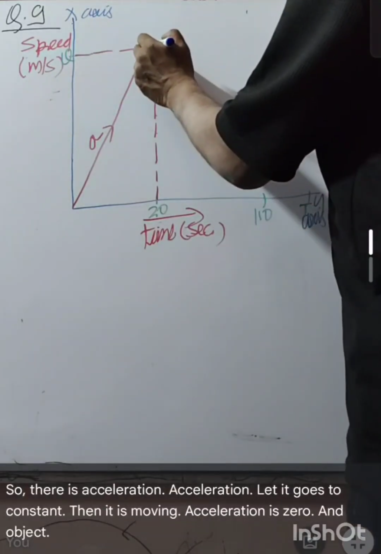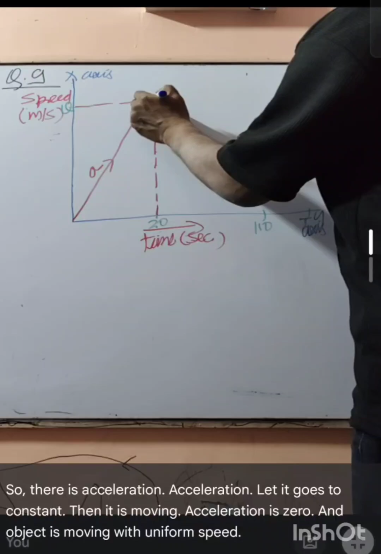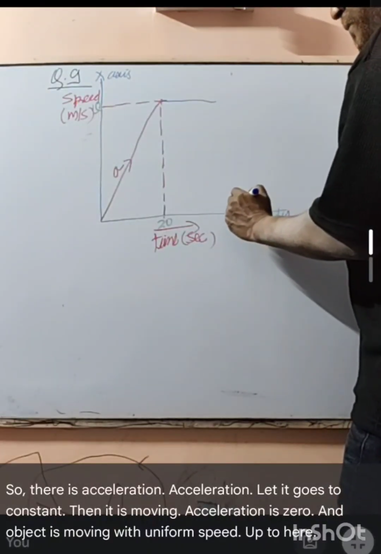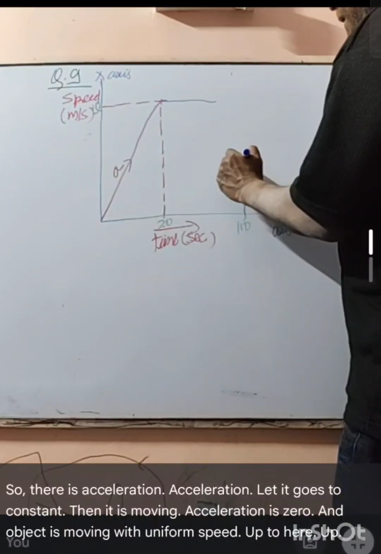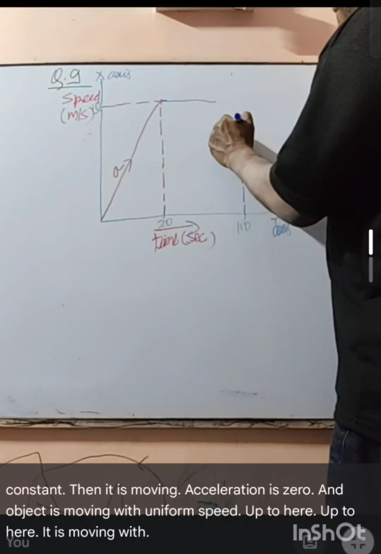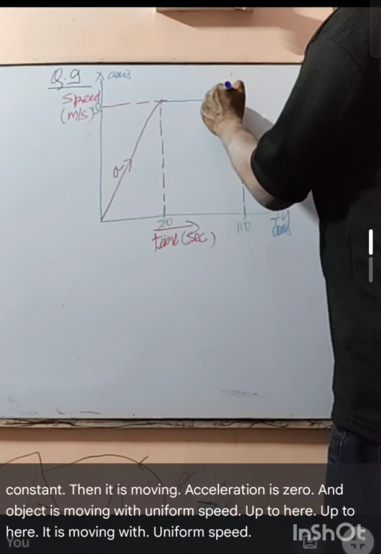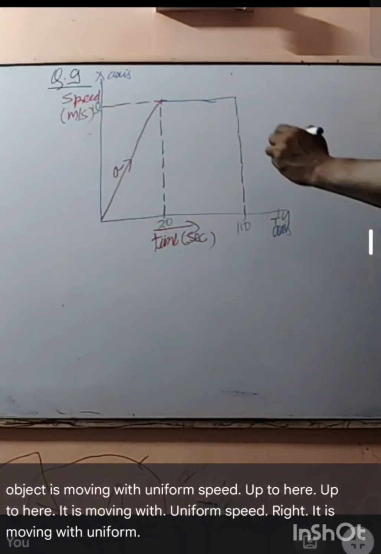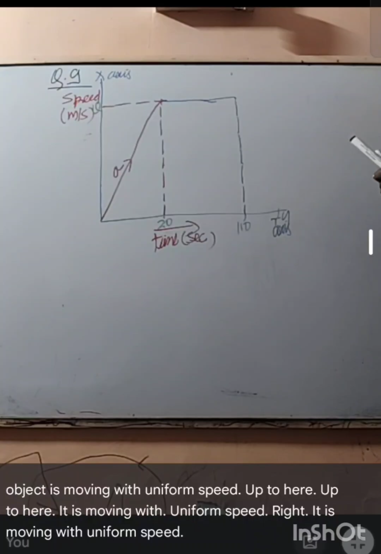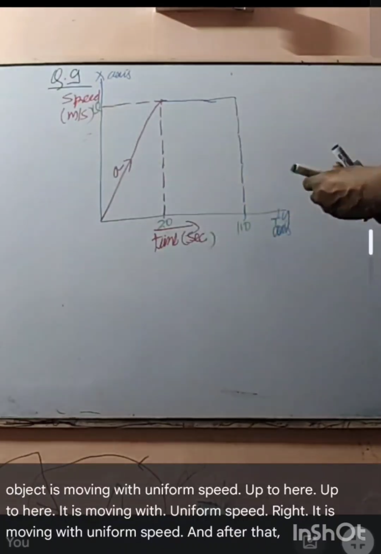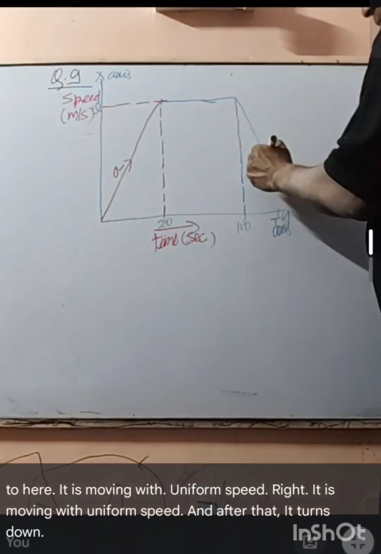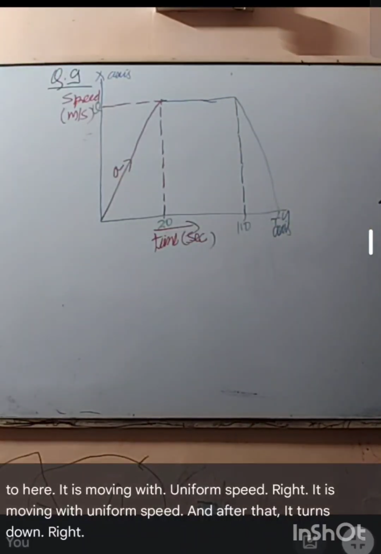An object is moving with uniform speed up to here, right? And after that it comes down at t seconds.